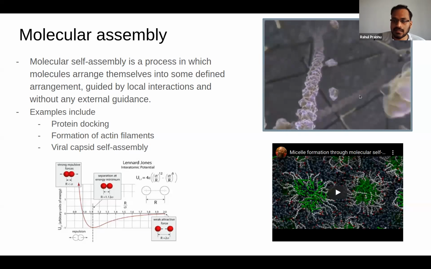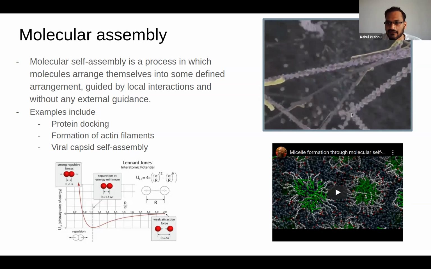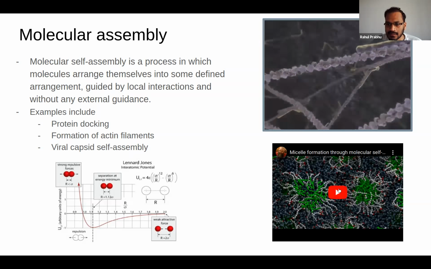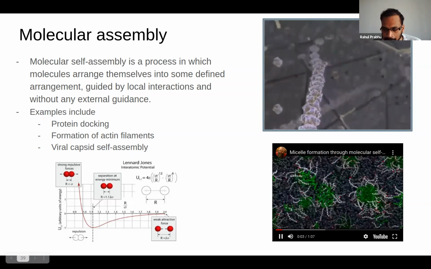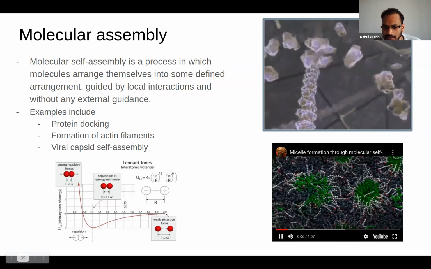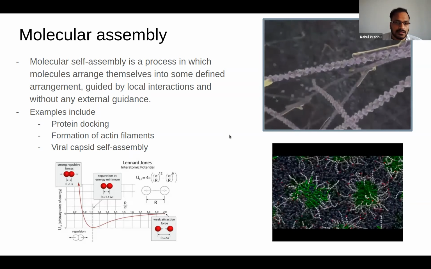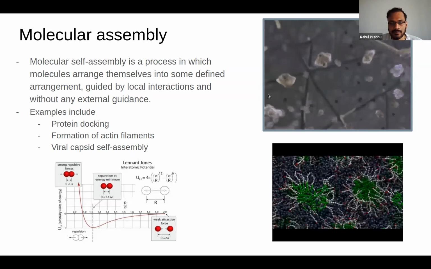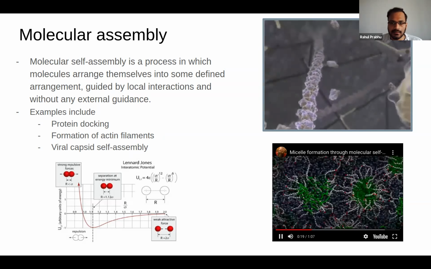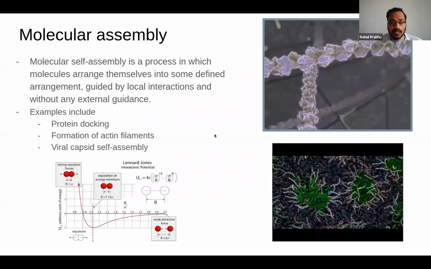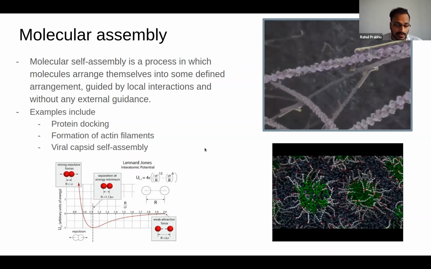What you see here on the right side is actin filaments self-assembling, and what you see here on the bottom is what we call micellar fusion into clusters. Some examples of molecular assembly include protein docking, formation of actin filaments like I showed here, and another big thing is the self-assembly of virus capsids.